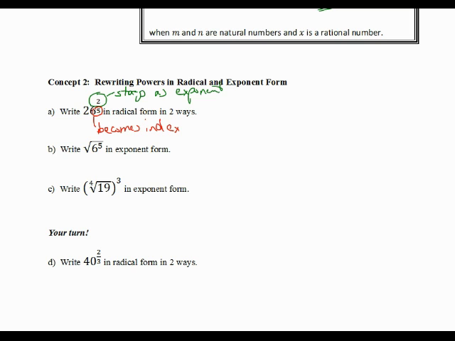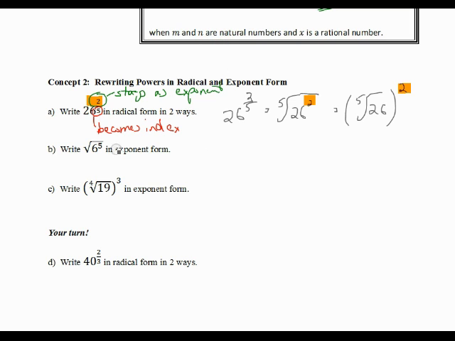So 26 to the 2 over 5 becomes the 5th root of 26 squared, or the 5th root of 26 all in brackets and square the whole thing. Okay? But the one that's in the numerator always stays as the up top number is how I think of it. That's the up top, that's the exponent. Okay?